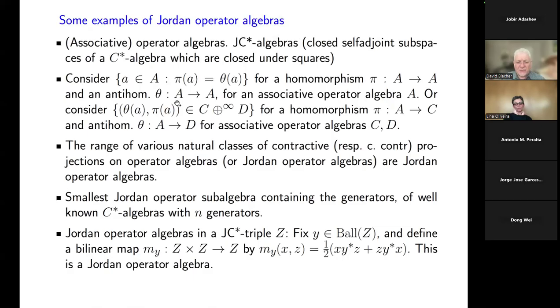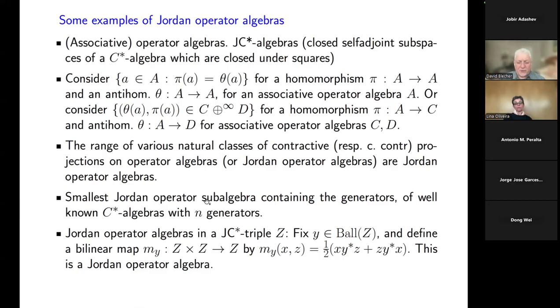And then there are various natural constructions, even on associative operator algebras, that will produce Jordan operator algebras in the sense of the previous slide. For example, the ranges of various natural classes of contractive projections on operator algebras or Jordan algebras turn out to be Jordan operator algebras.